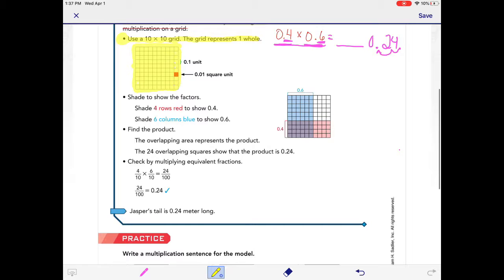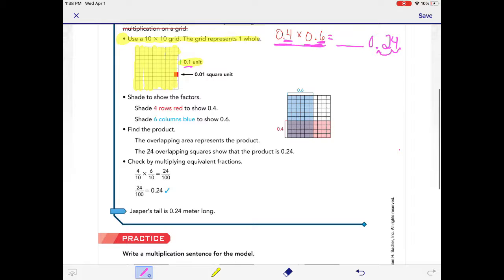All right, now this right here, there's 10 of these strips. 1, 2, 3, 4, 5, 6, 7, 8, 9, 10. So each of these strips represents 1/10, right? 1/10 of a unit. 1/10 of a whole. How do you write 1/10? Right here, 1/10. That's the 10th spot.